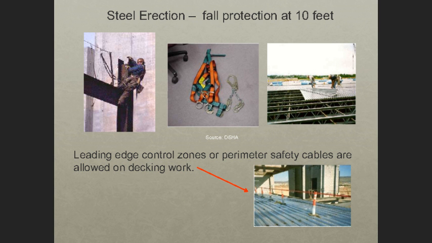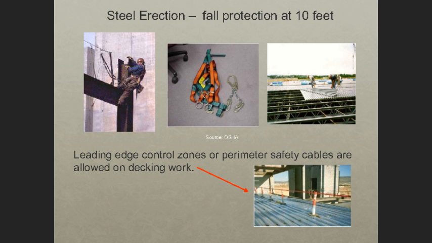This means that up to 30 feet an employee can do connecting and decking work on steel erection, basically bolting and connecting steel beams to build some kind of steel structure. Typically they're skyscrapers or big warehouse buildings, but they don't even have to tie off and use fall protection until 30 feet. And then they only have to have the means to tie off in addition to that.